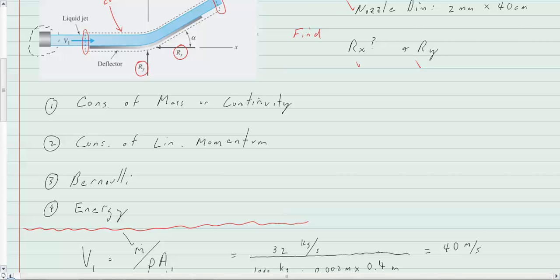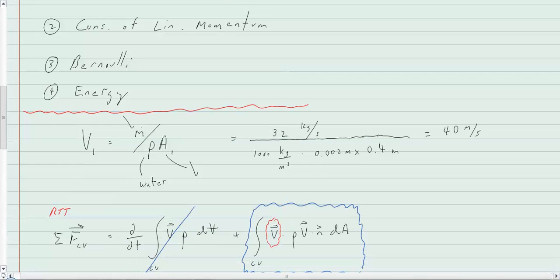We went through conservation of mass, conservation of linear momentum. We also thought, why don't we throw in Bernoulli energy just in case we get stuck? We solved for the velocity coming in since we knew the mass flow rate, the density, and the area.